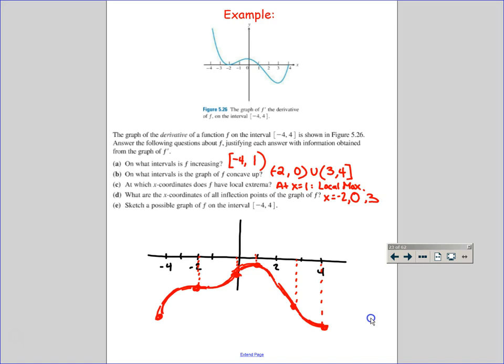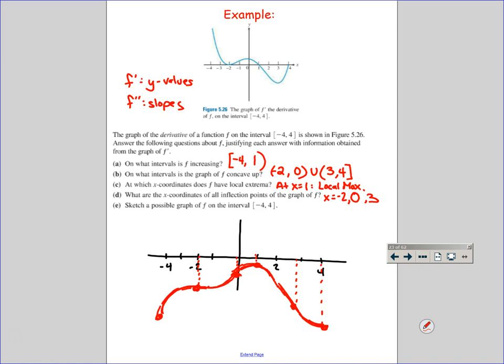Positive. So my function is increasing because f prime is positive, and yet it's concave down because f double prime, or the slope of f prime, is negative, right? So remember, if this is an f prime graph, these are my y values. You could technically think about f with area under the curve, but we're not really there yet. And then f double prime would be slopes, true?